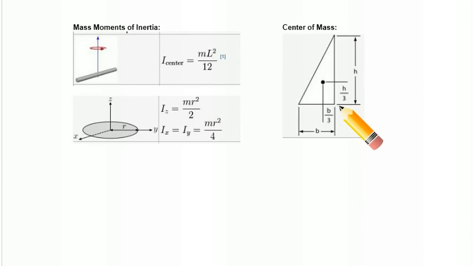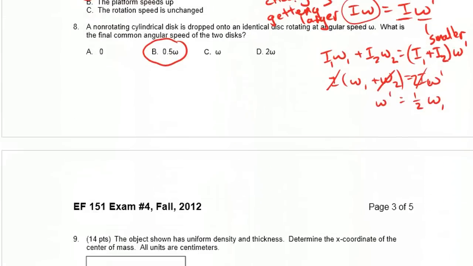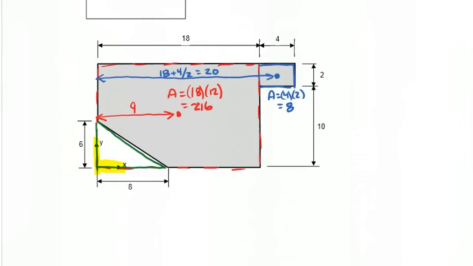For a right triangle, we've got a base and a height, and the centroid is located 1/3 of the way from the right angle edge in both directions. So that's going to be our location. We expect you to know the equation for the area of a triangle. So somewhere right in here will be its centroid.